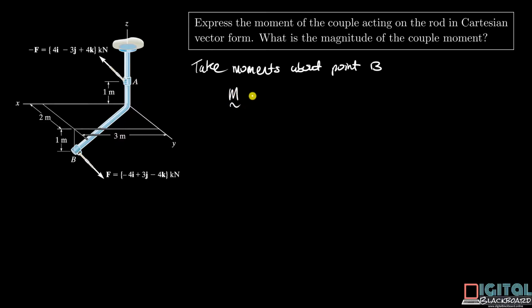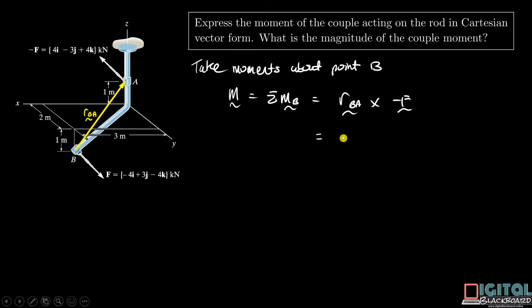So the couple moment is the summation of all moments about point B, which in this case is RBA cross minus F, where RBA is the vector pointing from B to A, and of course the force minus F is this force here. As mentioned, there's no contribution due to this force F because it cuts through the point B.